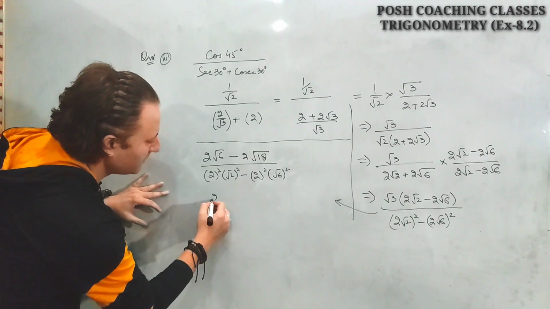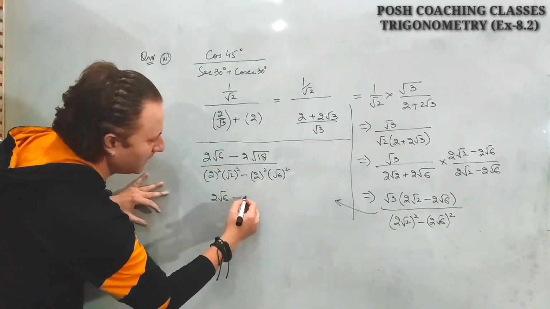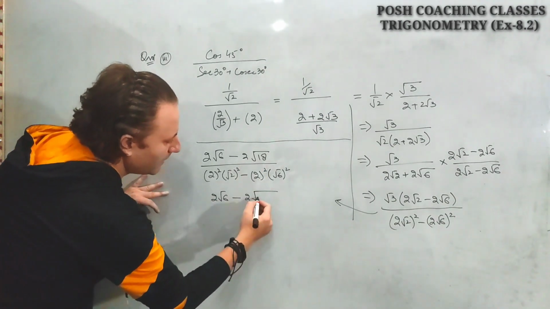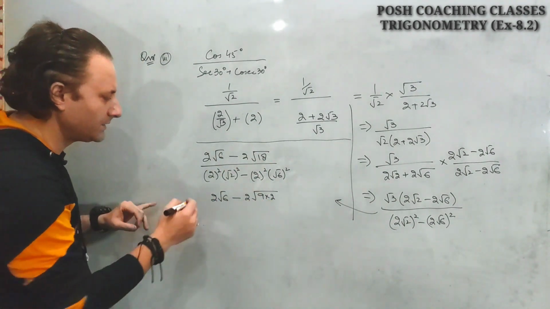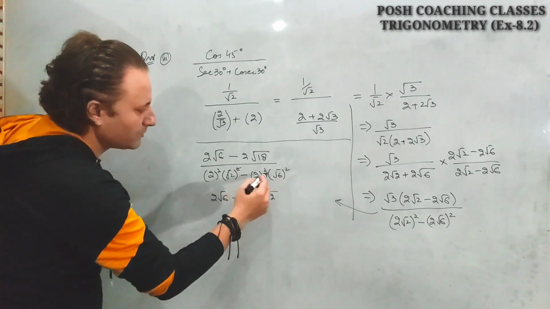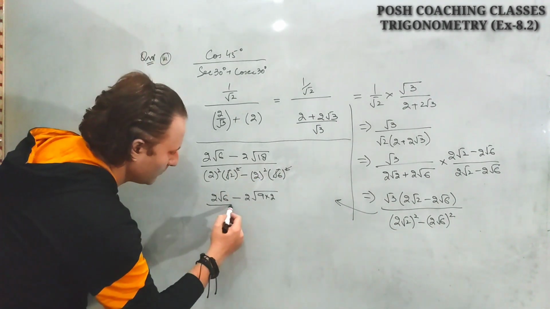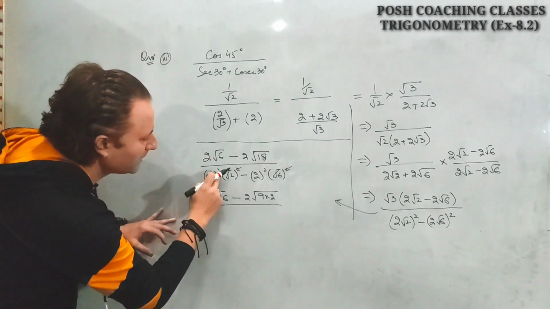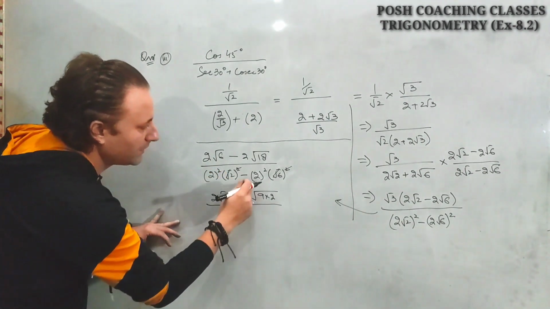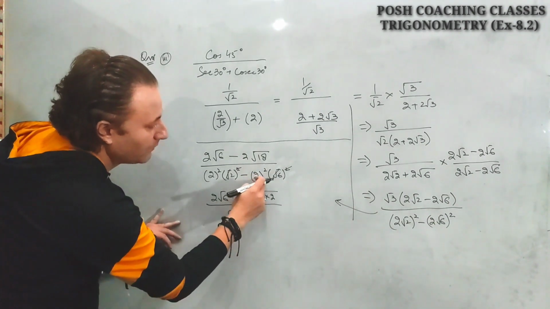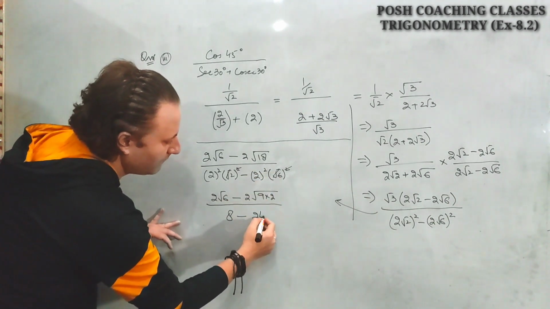Now this thing can't be changed. 2 under root 6 minus 2. Here I can write 9 multiplied by 2, because 9 multiplied by 2 is 18. Then this square and this root gone, this square and this root gone. What do I have? I have 2 multiplied by 2 is 4, then 4 multiplied by 2 is 8, minus 2 multiplied by 2 is 4, 4 multiplied by 6 is 24.